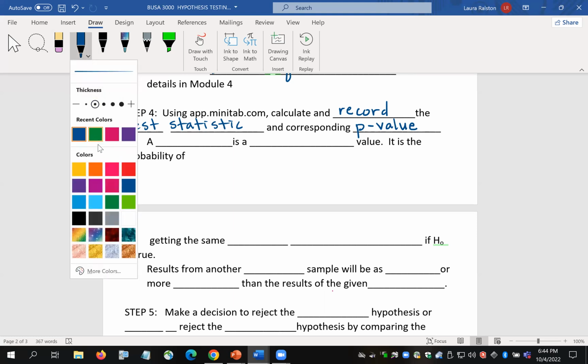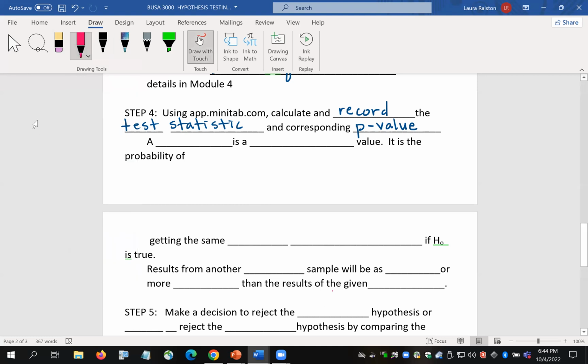Now, that's probably another term that you may not be familiar with. So we need to think for a minute, what is a p-value? A p-value is a probability value. Now, as a side note, if it's a probability value, remember that its value should be between 0 and 1.